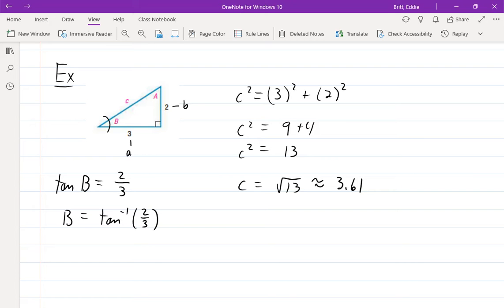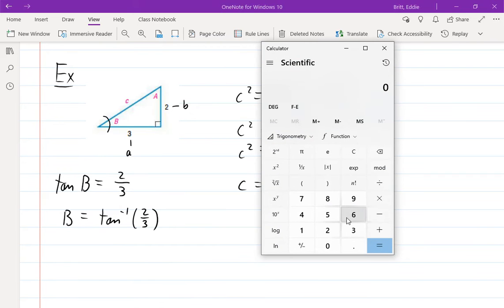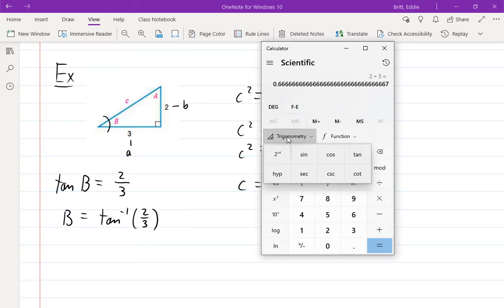In my Windows calculator, I have to say 2 divided by 3, and then trig. Now I need the inverse functions to come up. So I push second, and it'll do inverse.